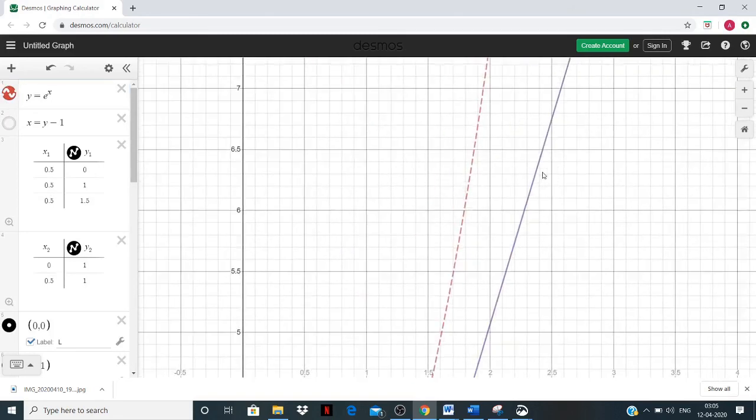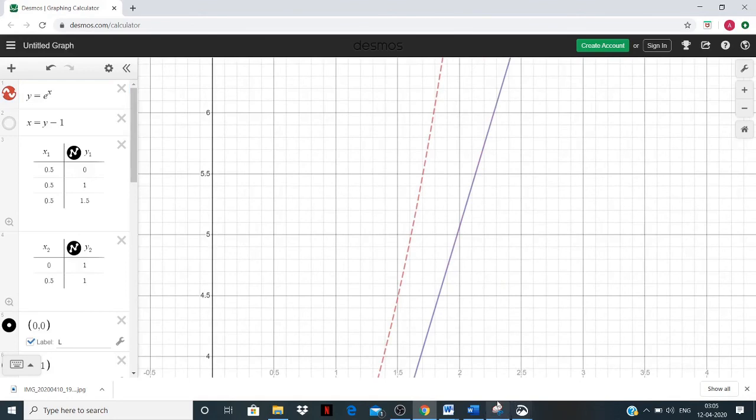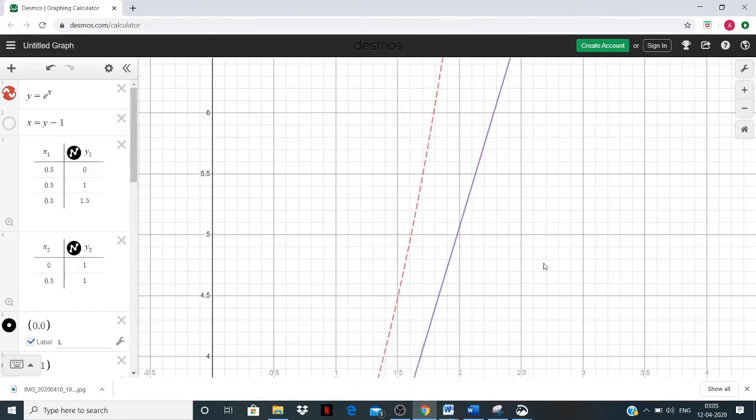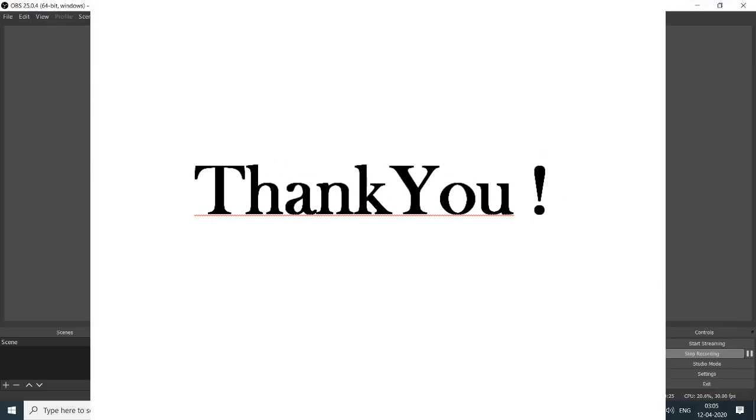So this is the error, and we get an approximate answer. The smaller we take the value of h, that is, the smaller we take the interval, the more accurate an answer we get.